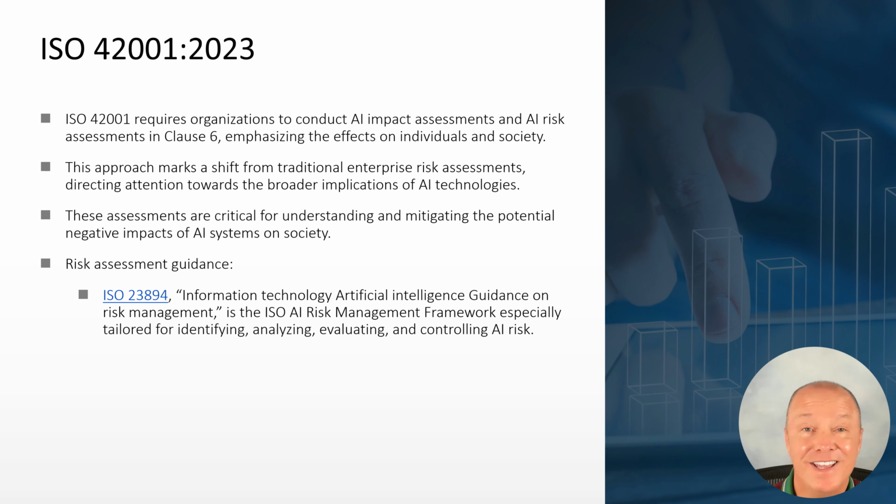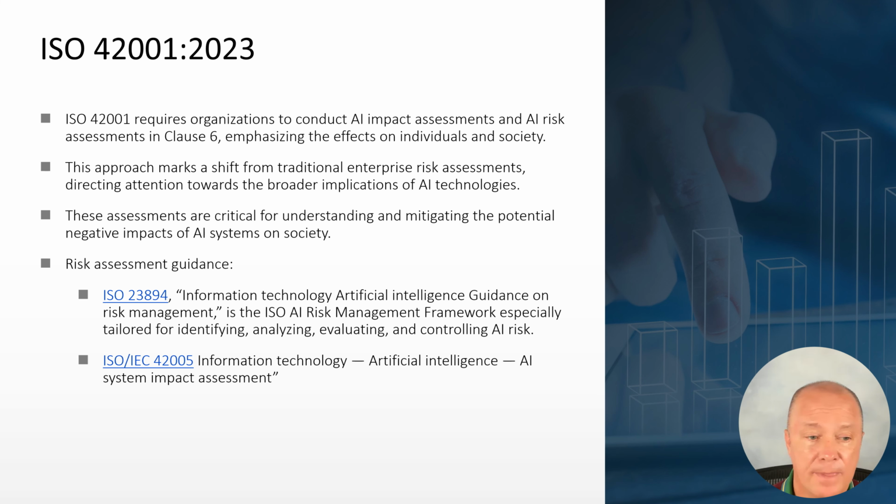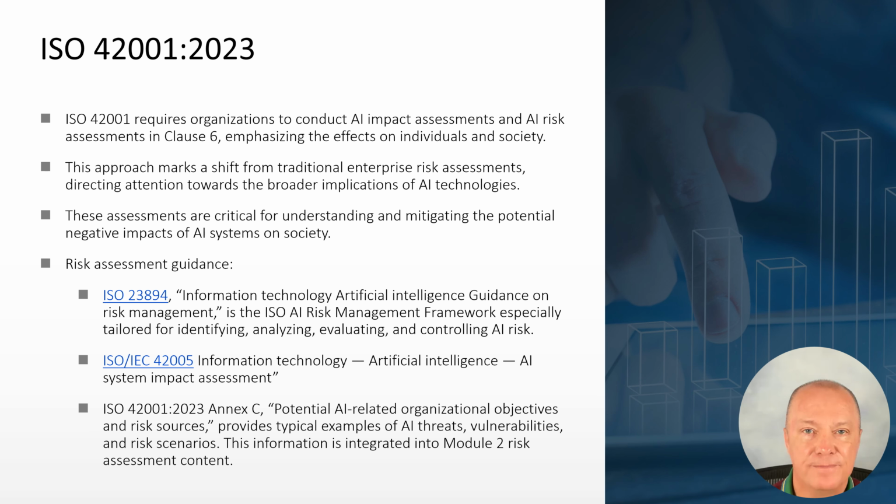In fact, in the ISO 23894 standard itself, it actually has crosswalks to what it adds to ISO 31000's general enterprise risk management recommendations. We also look at the ISO 42005 Artificial Intelligence AI System Impact Assessment for further implementation guidance for AI specific impact assessments.